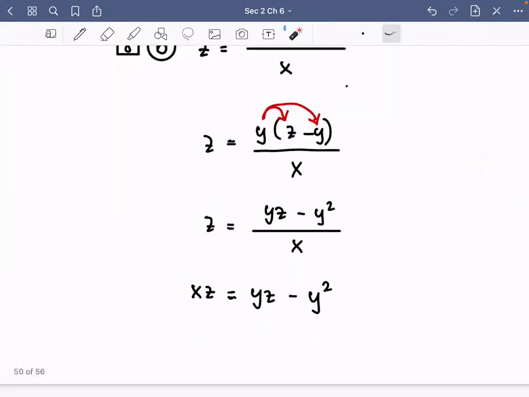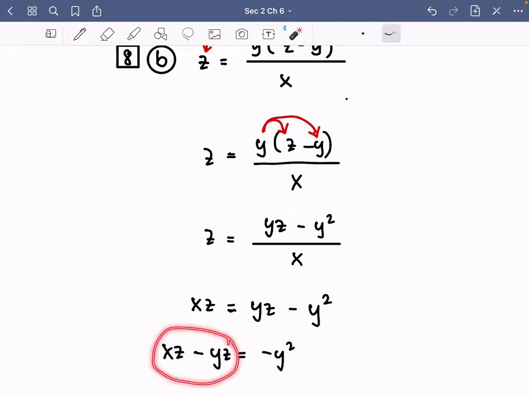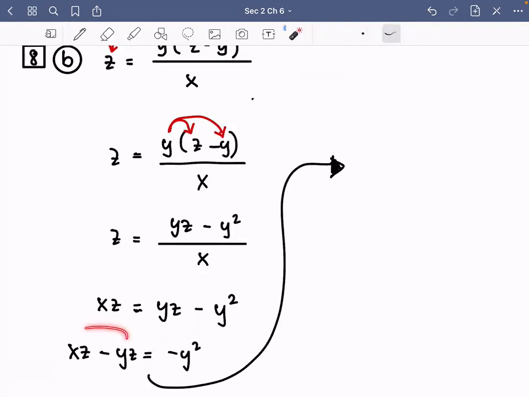All right, so we're now here. As you can see, class, we have z again on opposite sides of the equal sign, so I'm going to put them together on one side. I'll get xz minus yz is equal to negative y squared. Now, what's next? If I'm going to extract z from this expression, I'm going to look for common factors, which is z.